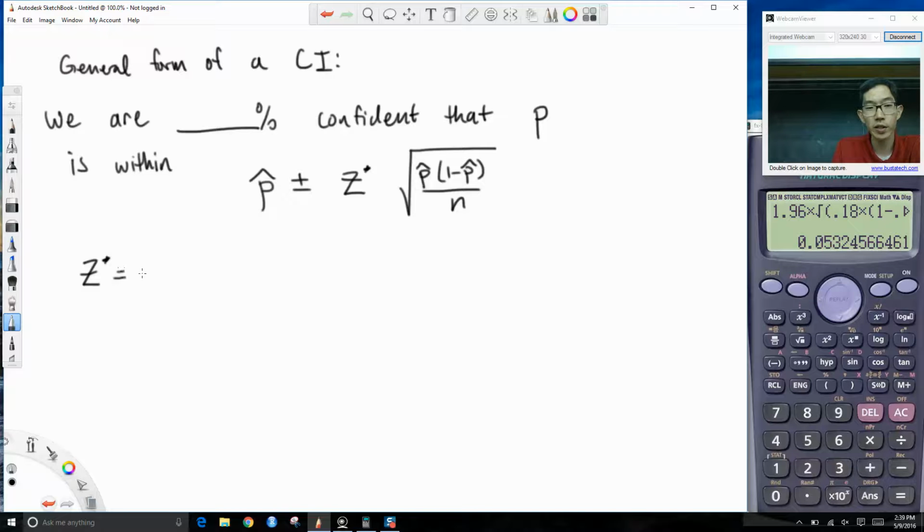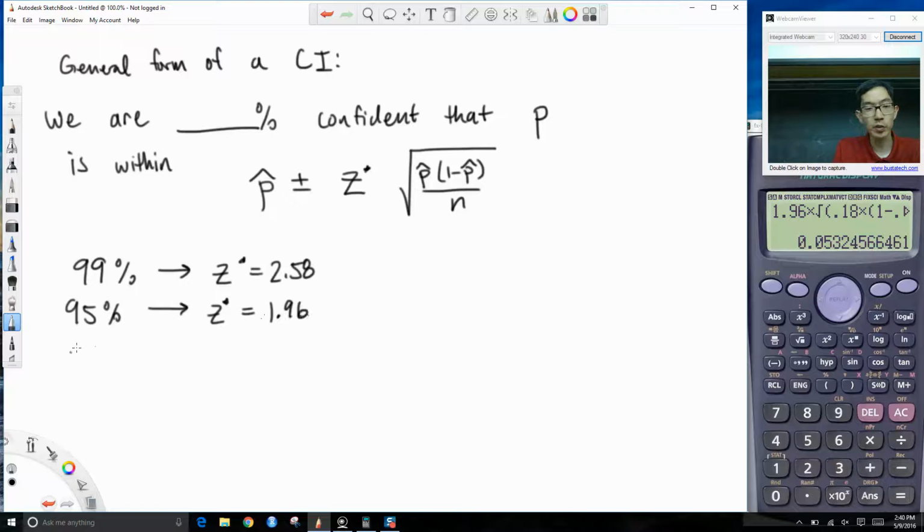If we want to be 99% confident, we would use z equal to 2.58, okay? For 95% confidence, we would use z equal to 1.96.